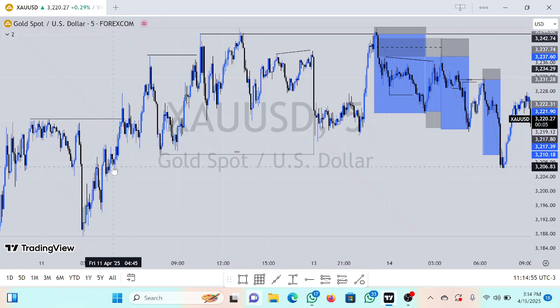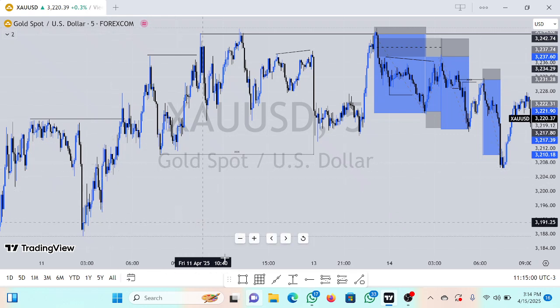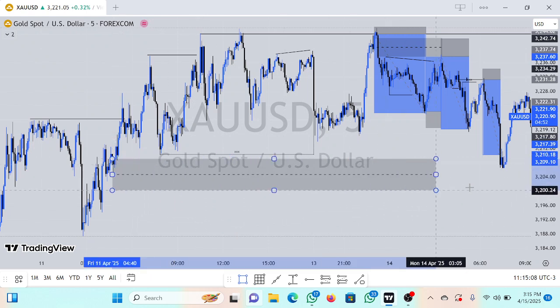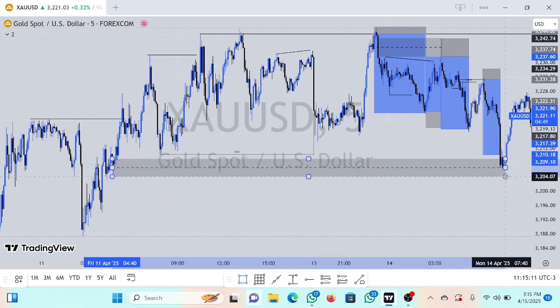After this zone, we are looking out to this imbalance left here. So right now we use our gam box to get the 50% of this zone, which we can use to buy.